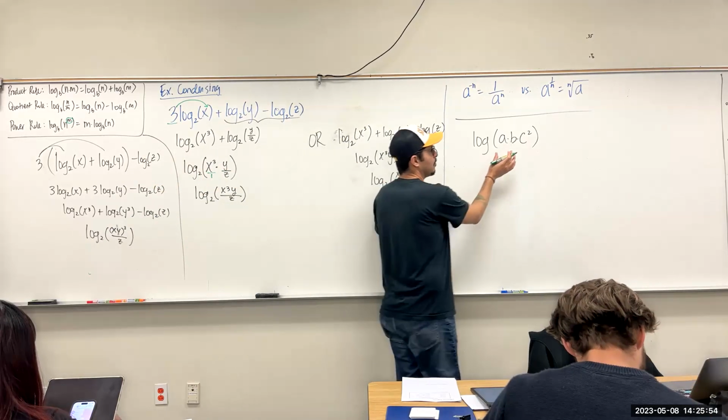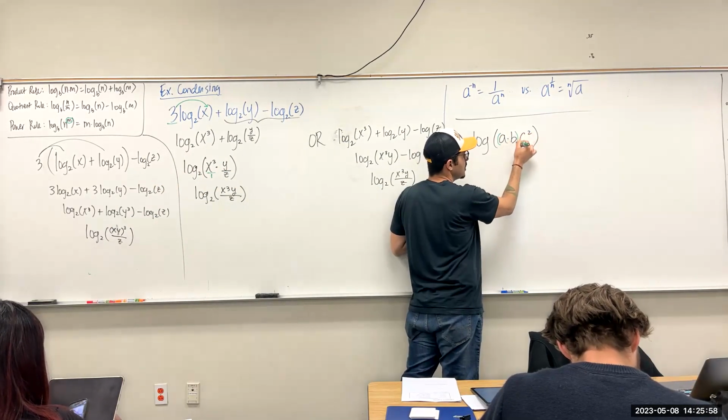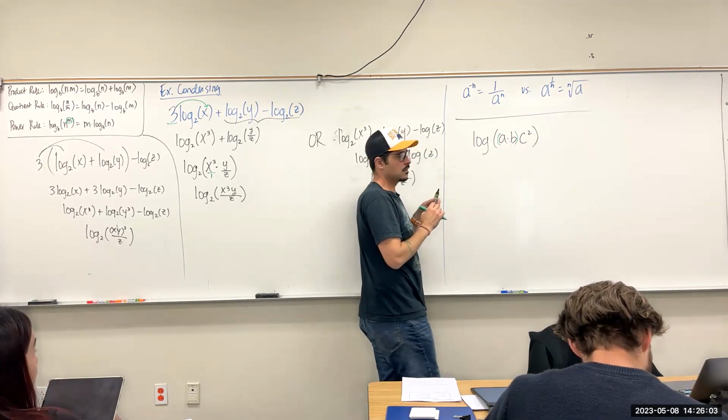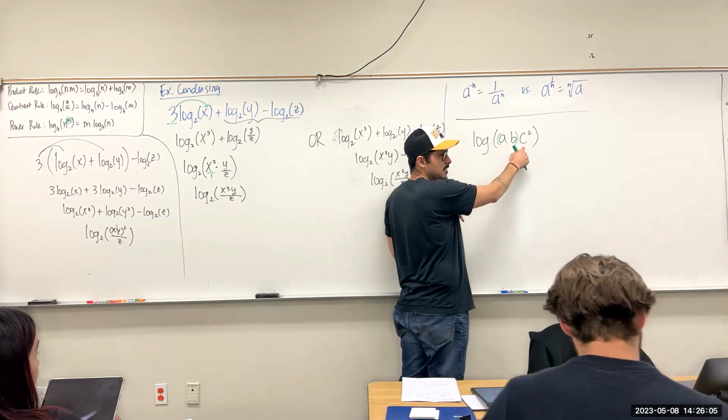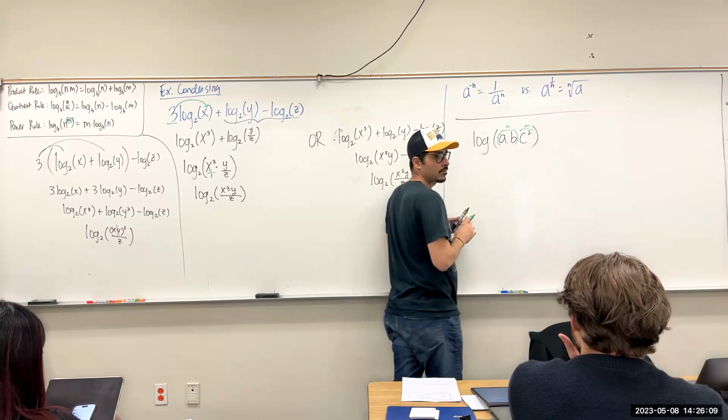So if I want to use this property, you basically have to pair two of these things. So I can think of, let's say, AB times c squared. So it's like the AB times the c. I can think of the AB as the n and the c squared as the m.